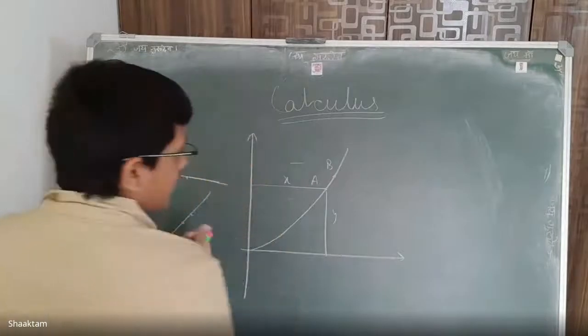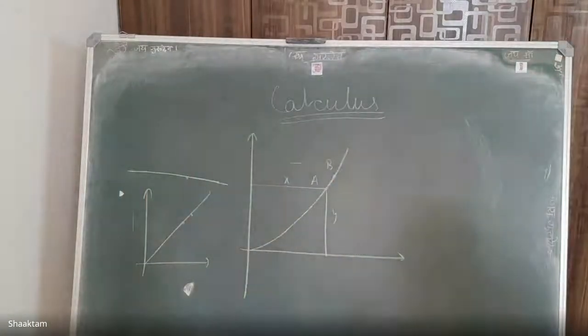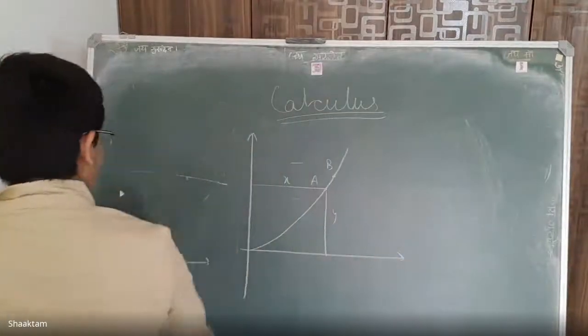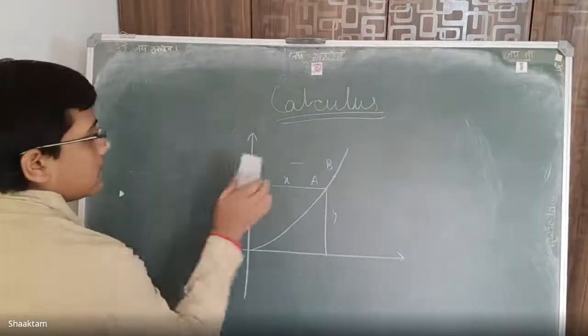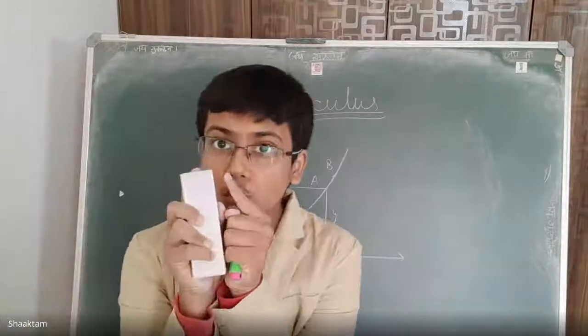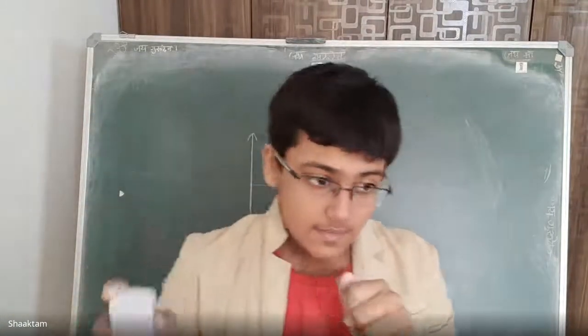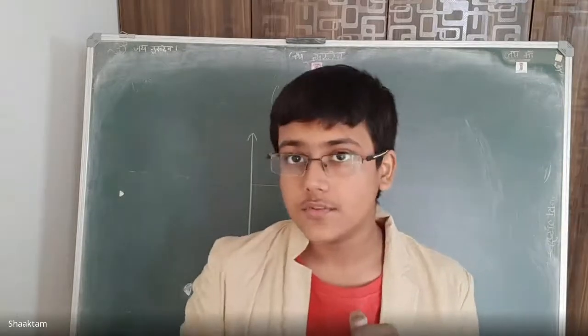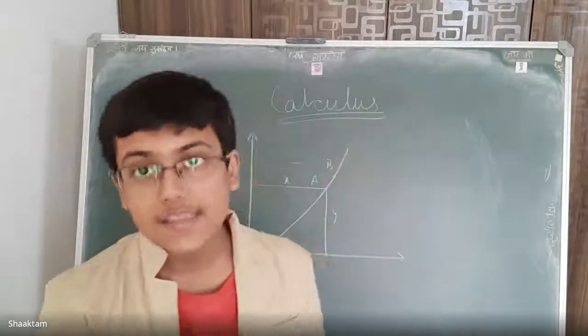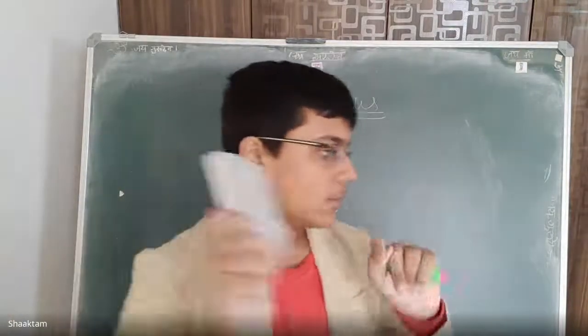But since this is a curve, you have no option but to make B so close to A that delta x is tending to 0 but is not equal to 0. Similarly, delta y is tending to 0 but is not equal to 0.